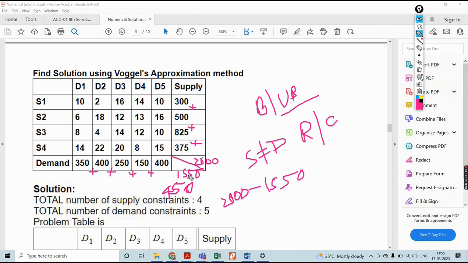So I need to add a dummy column which will have a demand of 450, and that cost will be 0 rupees. Is this clear? Raise your hand. Drop your hands. Thank you.